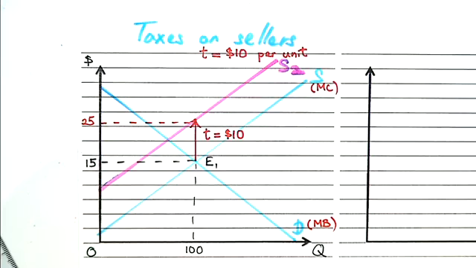No. So one of the keys in micro is about, just because the tax is $10 and the price used to be 15, it does not mean the new price is the old price plus the tax. You can't just increase the price by the amount of the tax, because if the price goes up, the quantity demanded will go down.